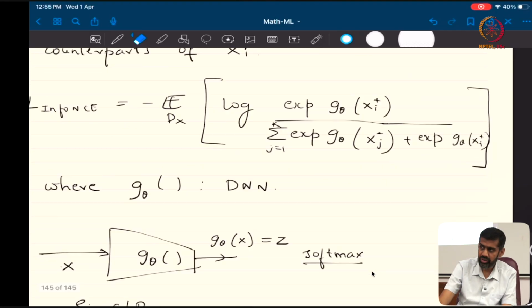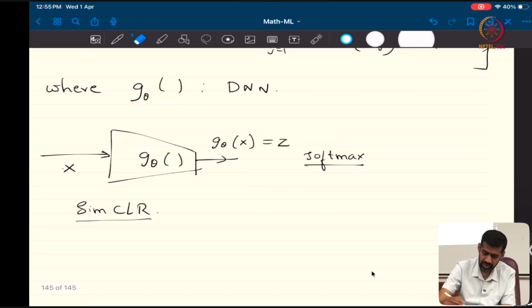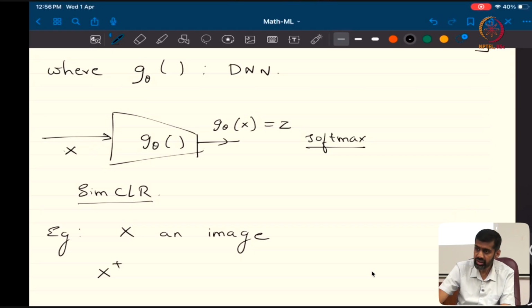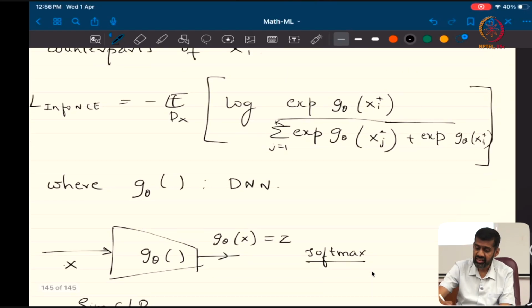Okay. We will look at how to pick negative samples and positive samples. An example of this in SimCLR is as follows. X is taken as an image. The question is what is the advantage of taking it as multi-class, what is the need to move from NCE to Info-NCE.